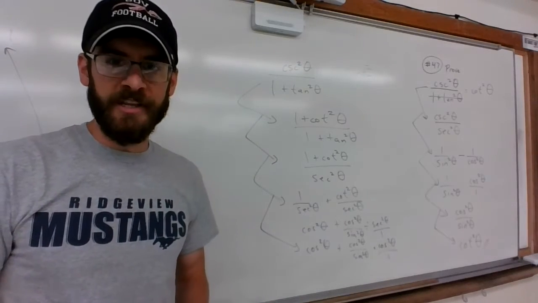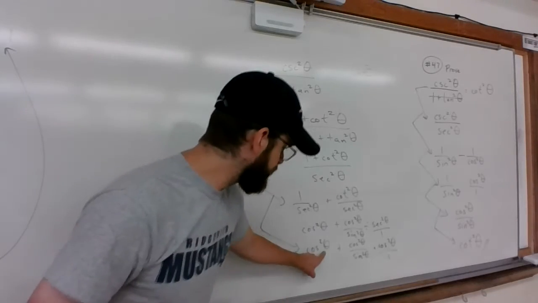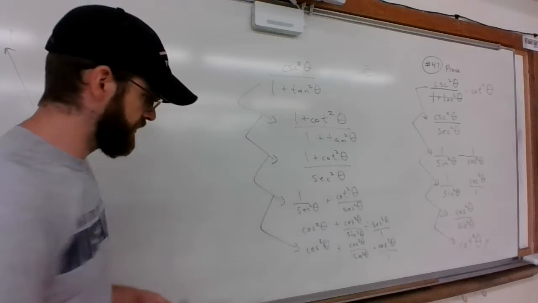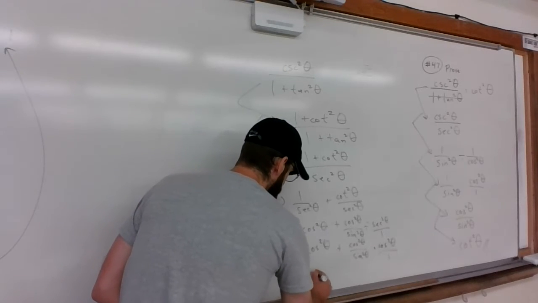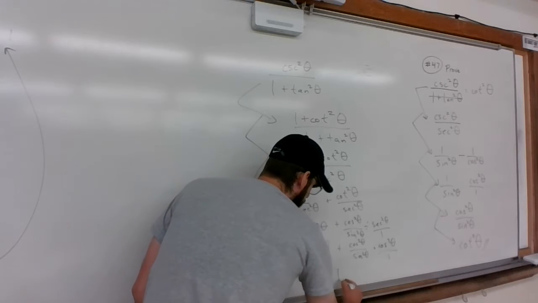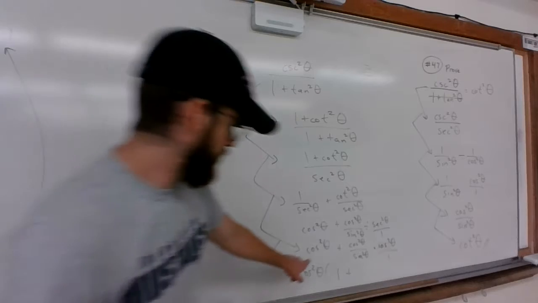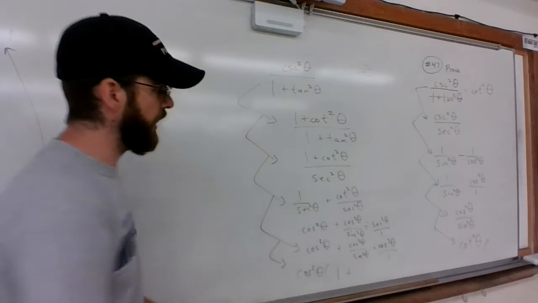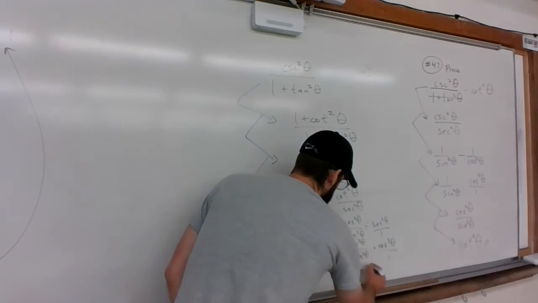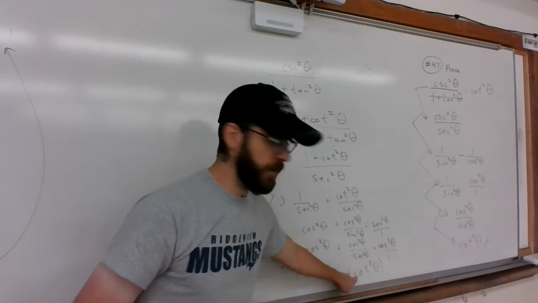So that route doesn't really, we can still do this. I can still factor out a cosine squared from these. And get 1 plus cotangent squared. Because cosine squared over sine squared is cotangent squared.